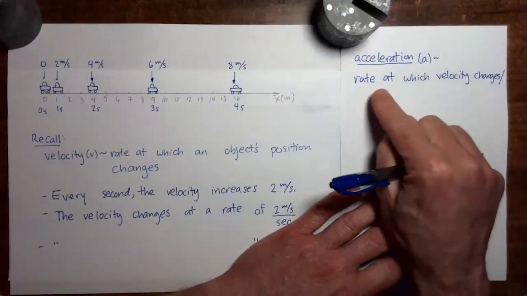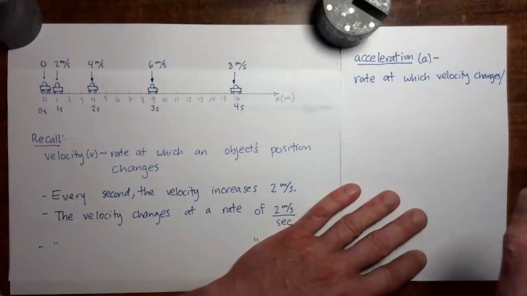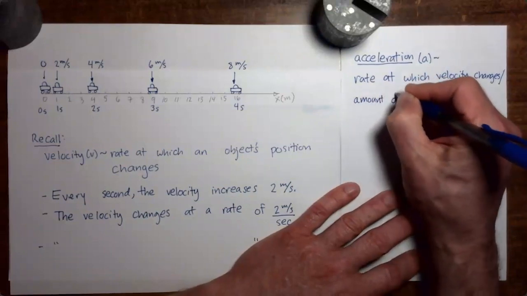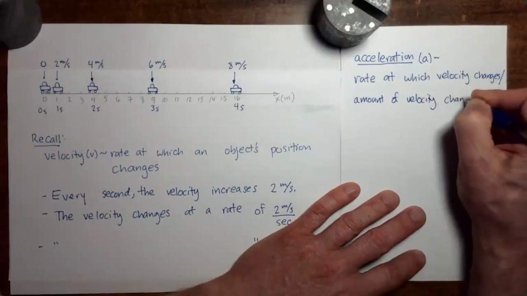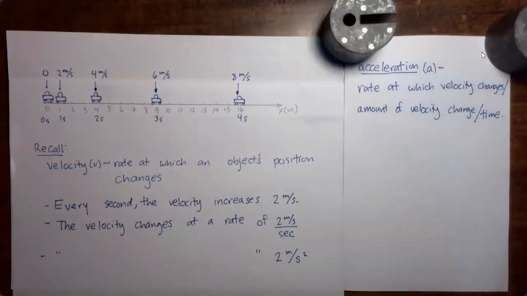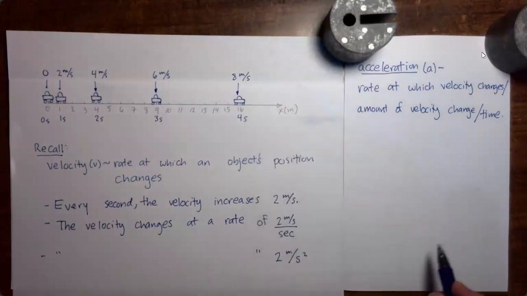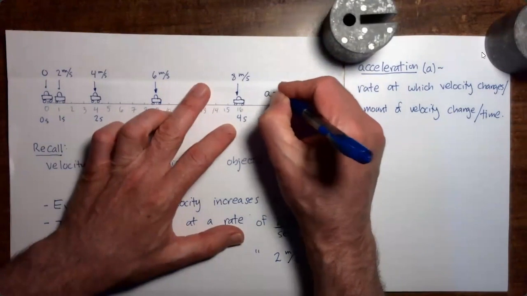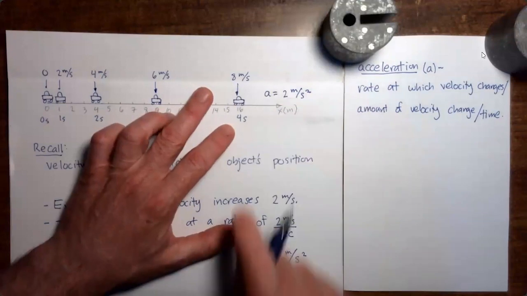Or we can say that the acceleration is the amount of velocity change per time. For the car in the example here, we can just say that the acceleration of this car is 2 meters per second per second, or 2 meters per second squared.